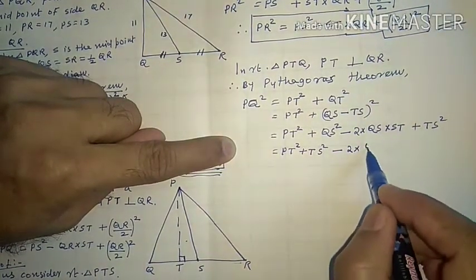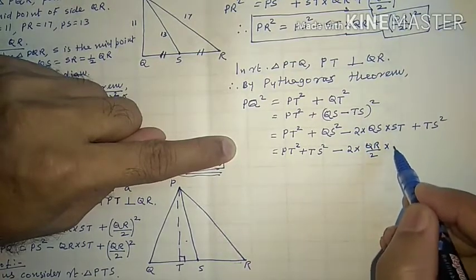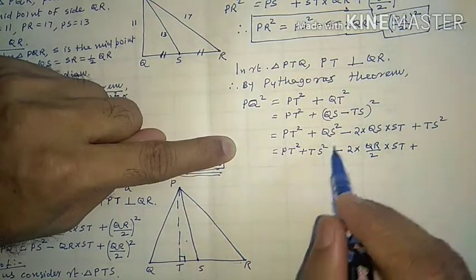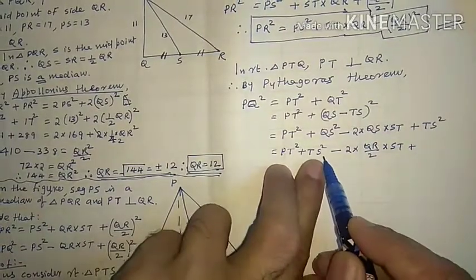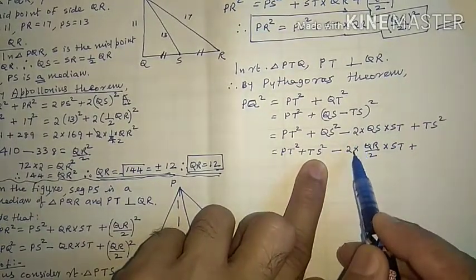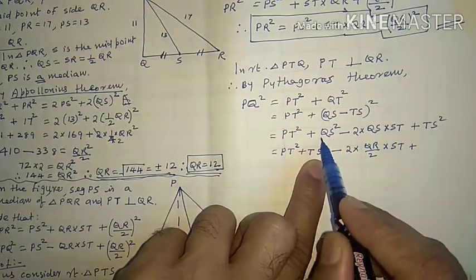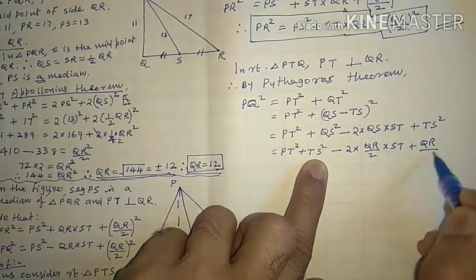So this is QR upon 2 into this ST, plus this QS square remaining.